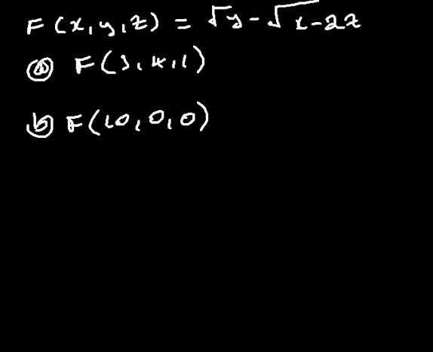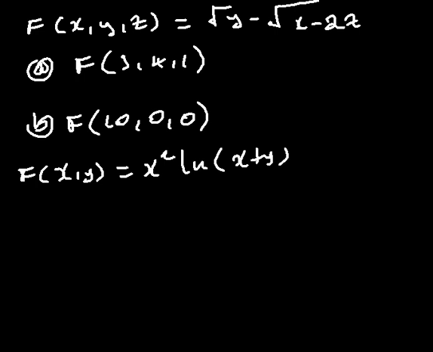And what if we have the function f of x, y, given as x squared times ln of x plus y? So how do you think we can evaluate the following with respect to the function? Let's say we have f of 3, 1.